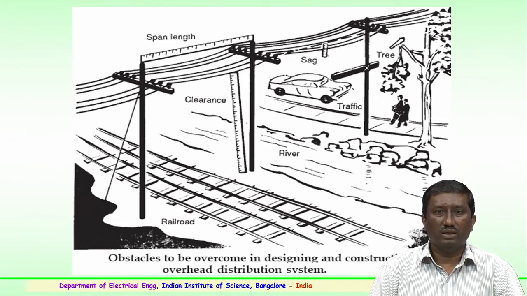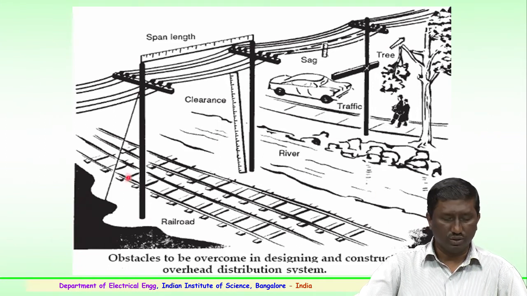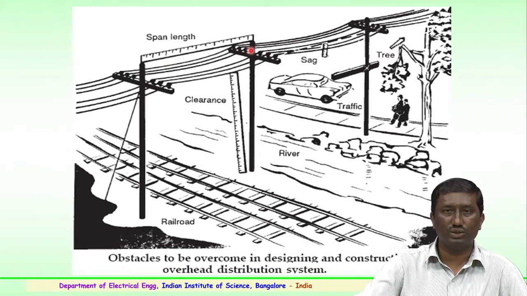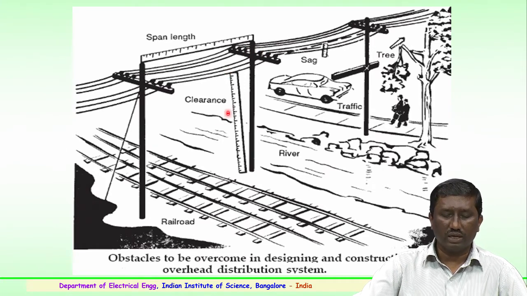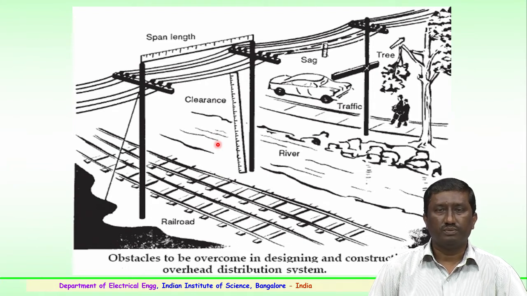The span length and the tower height are very critical while estimating the tower for a particular voltage level. This shows the span length. Span length is the tower to tower distance. The minimum clearance from the ground to the conductor is the ground clearance, termed in the electrical aspect.